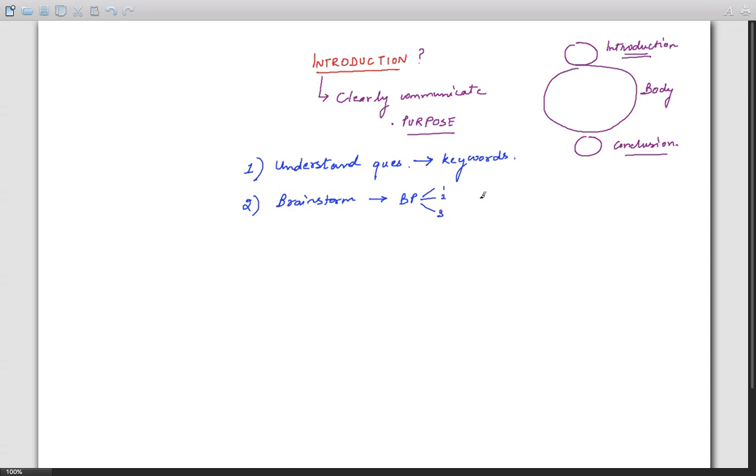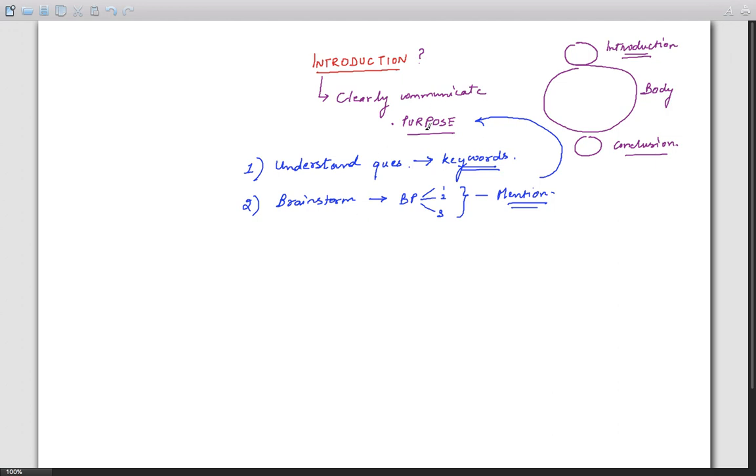Based on this brainstorming you should mention what exactly you are going to discuss in body paragraphs 1, 2, 3. If you can clearly mention what you are going to discuss in body paragraphs with proper keywords, that will give a proper and most adequate purpose of the essay, and that purpose is basically the introduction.